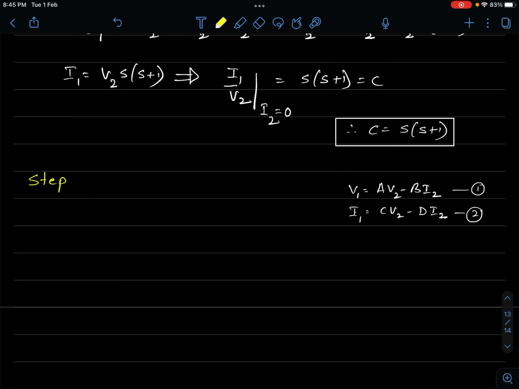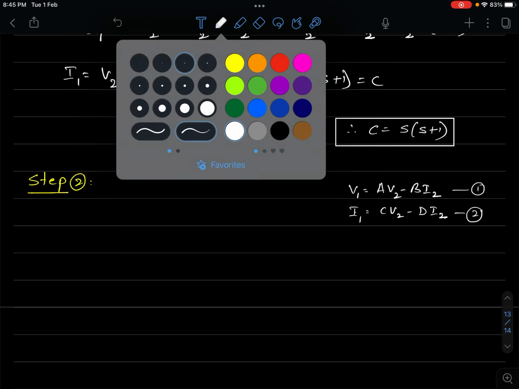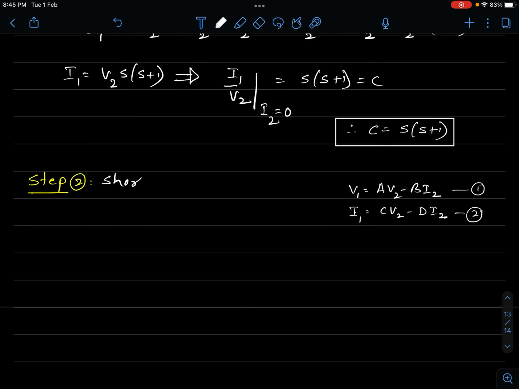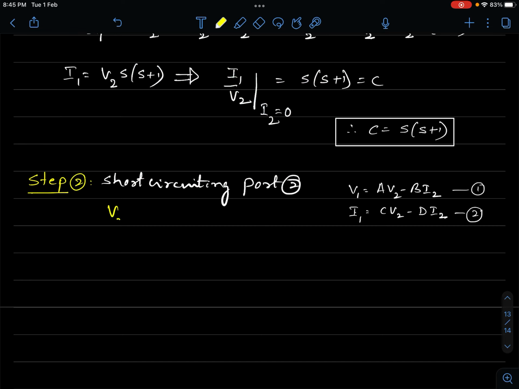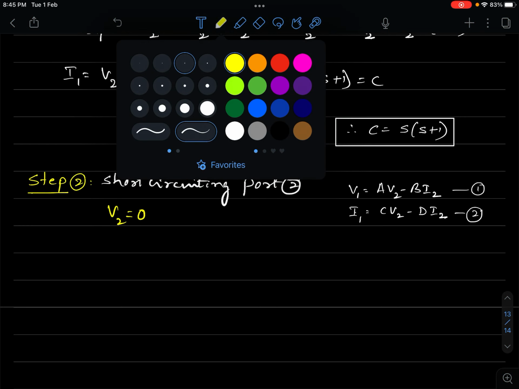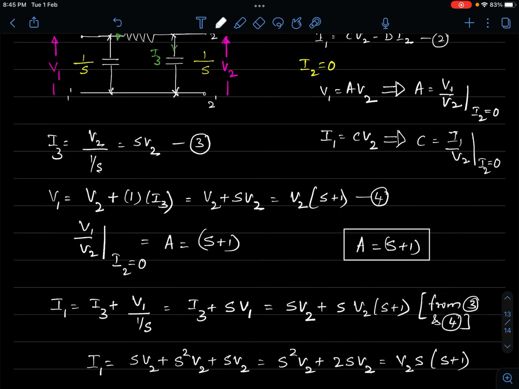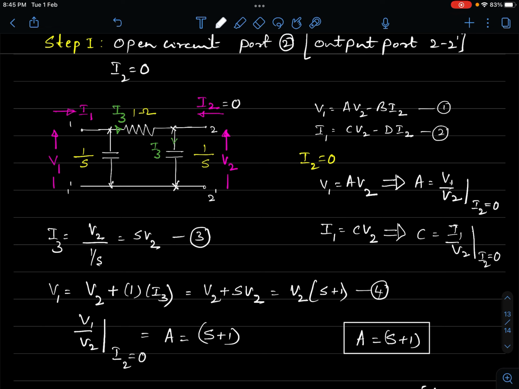In the same network, what we do is we short circuit port 2. All right. That means V2 is made 0. Okay, how do I write it now? I'll have to take the network. I'll take this network.